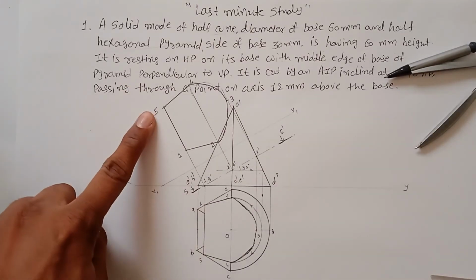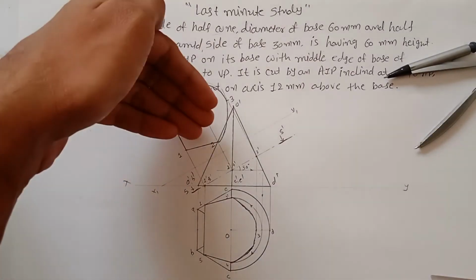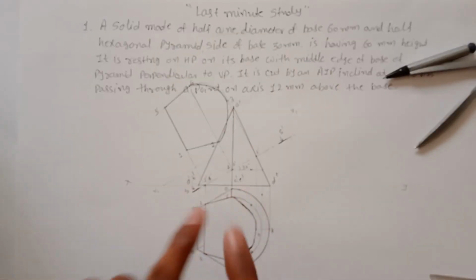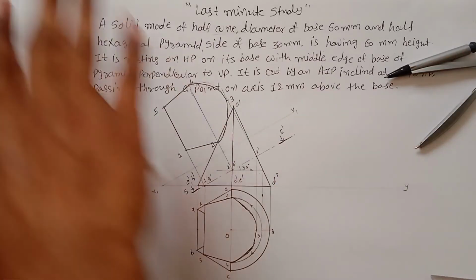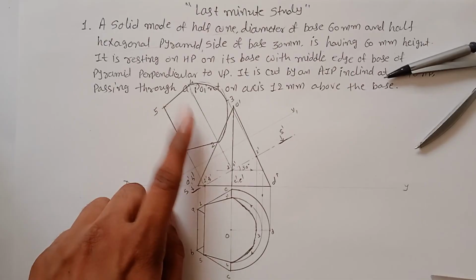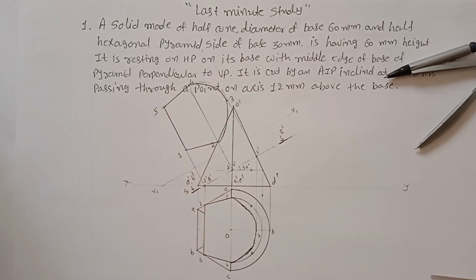So this is the true shape when you observe it from this direction. If the solid is cut and you observe it from this direction, you can see this shape. So this is the true shape of the sectional part.